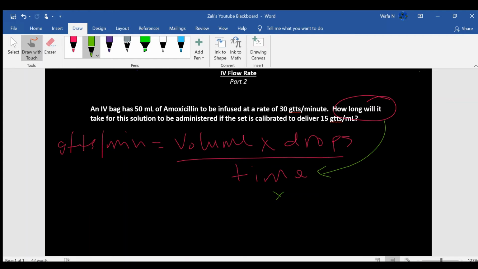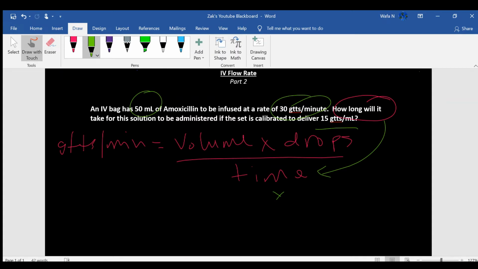The other information that we need to complete our problem is 50 milliliters, 30 drops per minute, and 15 drops per milliliter. All we have to do now is plug in the information that we have been provided.